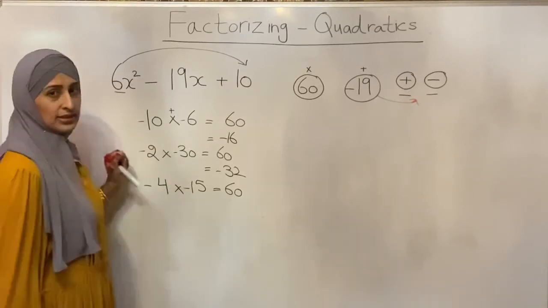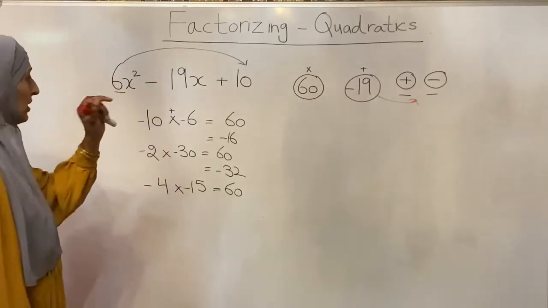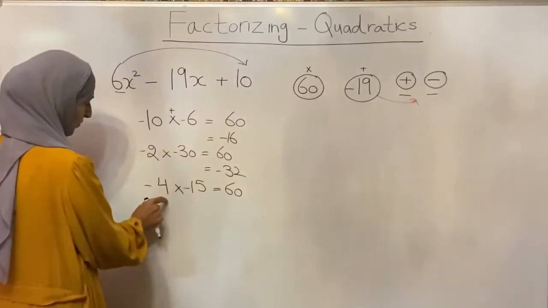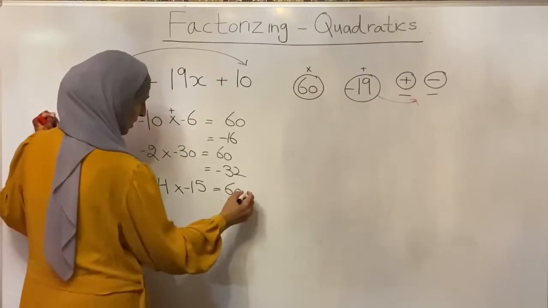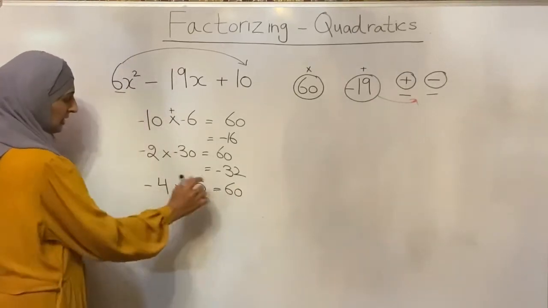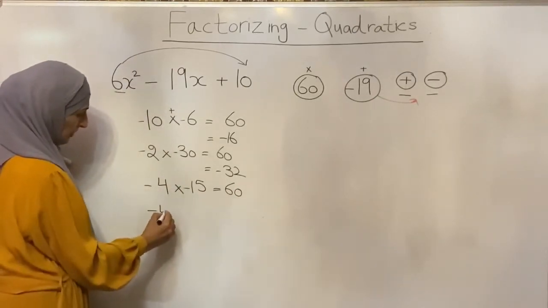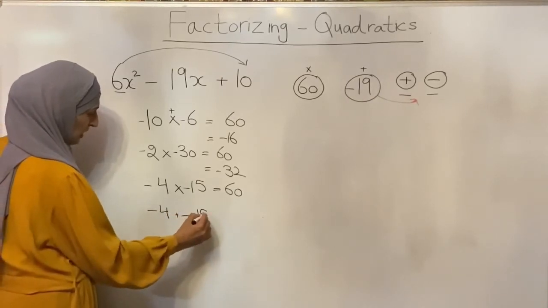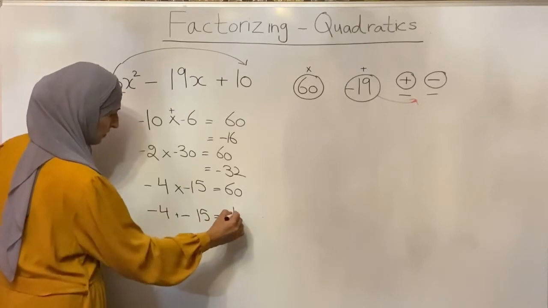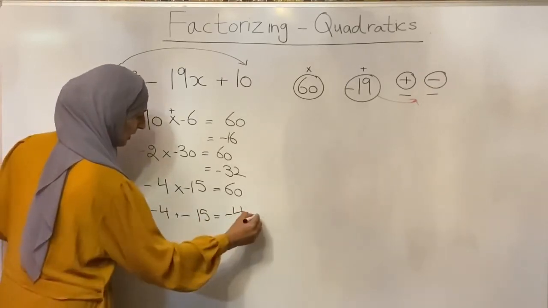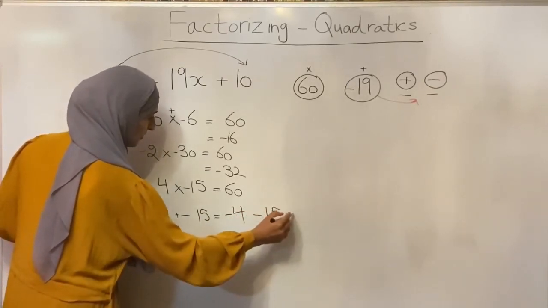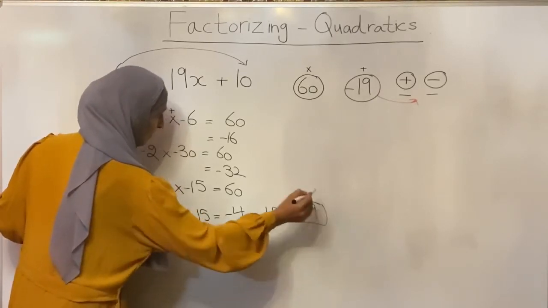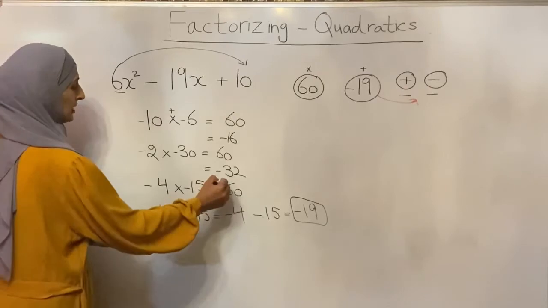Two minus signs: minus 4 times minus 15 is plus 60, and if I add minus 4 plus minus 15, that is minus 19. Here you go, we got the right factor pair for minus 19 and 60.